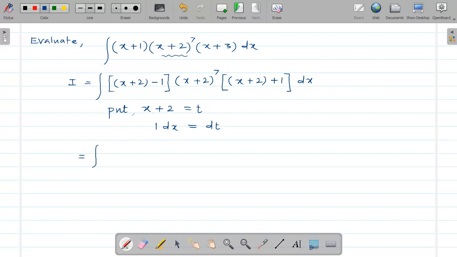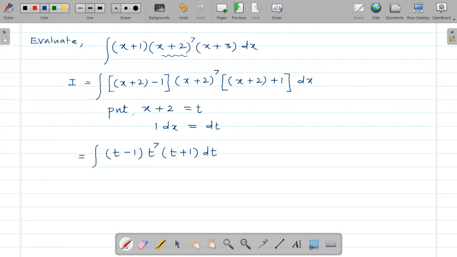In place of x + 2 I will put t. So the first bracket becomes t minus 1, then next is t^7 into t plus 1 dt. Okay, so the given integration we reduce to the form of (t - 1) t^7 (t + 1) dt, like this. So here we need the adjustment of the bracket.